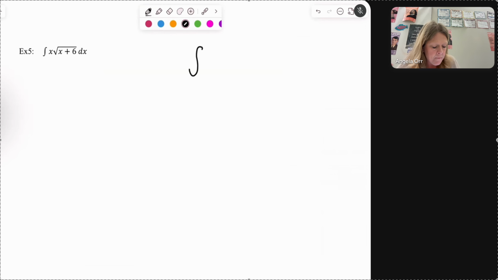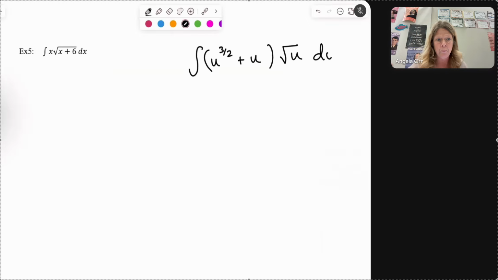integral of, let's say we had the integral of u to the 3/2 plus u times the square root of u du, where I only have one item underneath the radical.